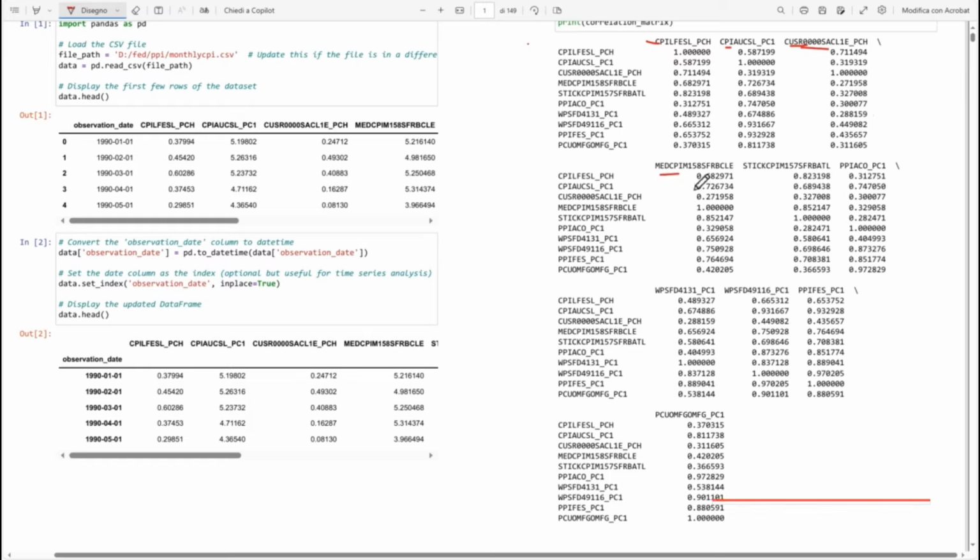And this one is the median CPI. You can read this is sticky prices, and this one is a producer price index for all commodities.